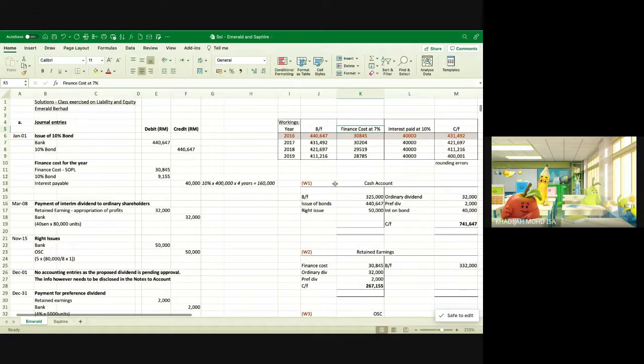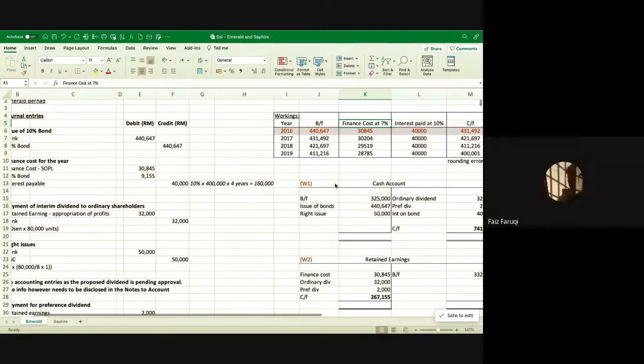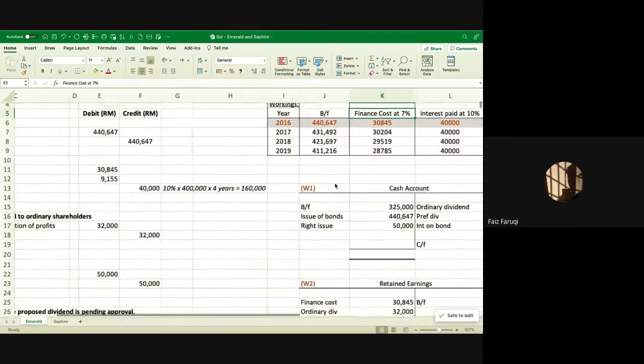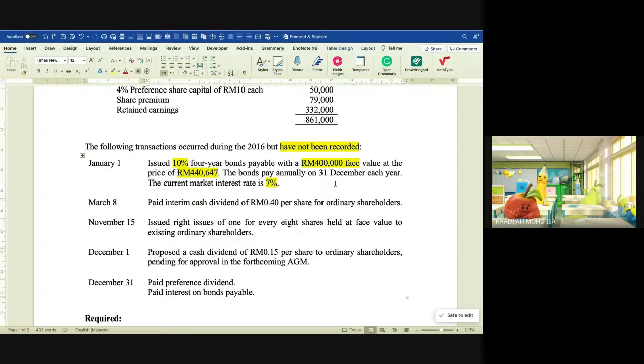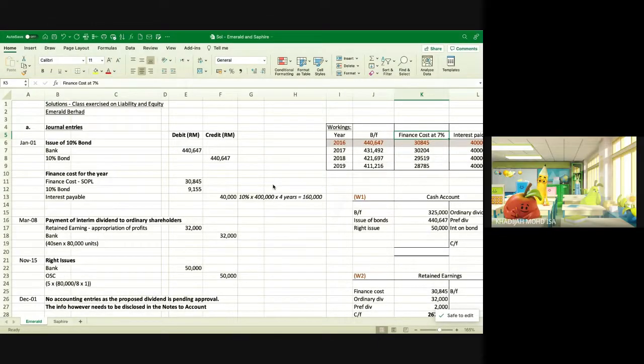Is it because of the current market price? The current market price, the current market interest rate, is 7%. So you take that, is it? I don't know, I think that's what 7% is, right?